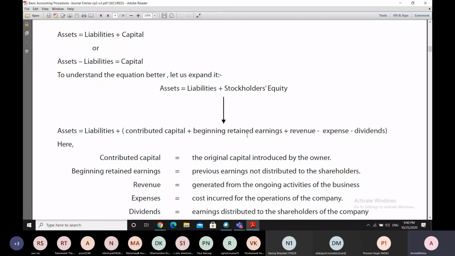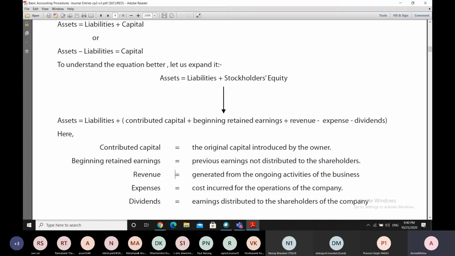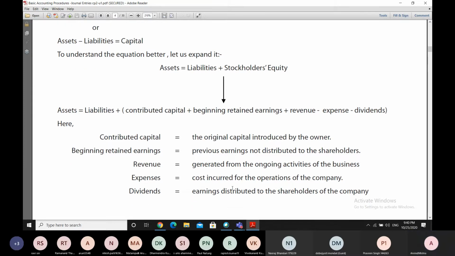When we say beginning retained earnings, what we are trying to say is that these are those earnings which have been made by the business and which have not been distributed to the shareholders. By revenue, we mean the revenue which is generated from the activities of the business, and by expenses we mean the cost or expenditure which is incurred for company operations. And by dividends we mean the earnings of the company which are distributed to the shareholders as a reward for holding the shares of the company.